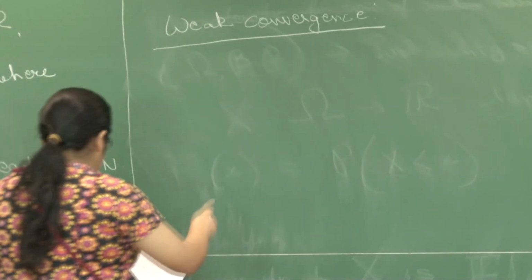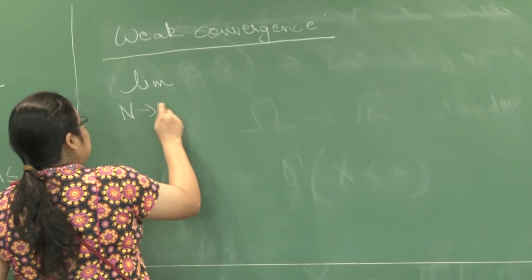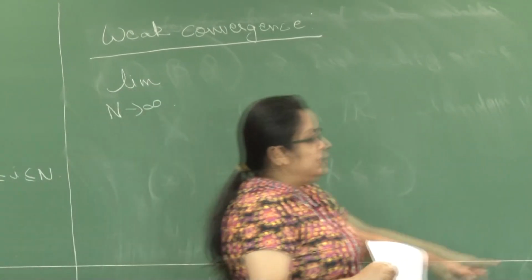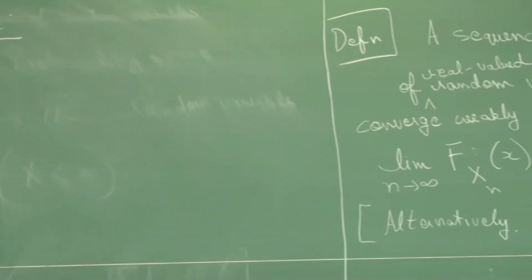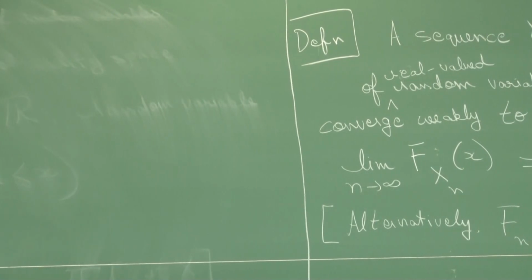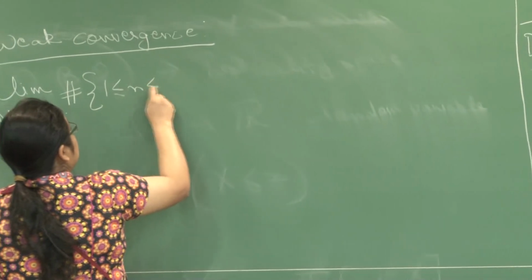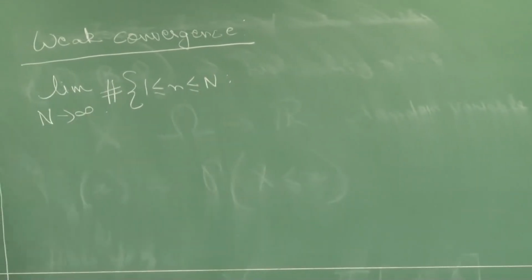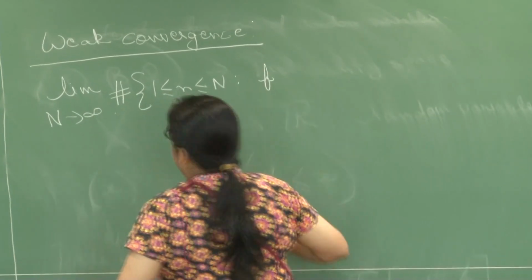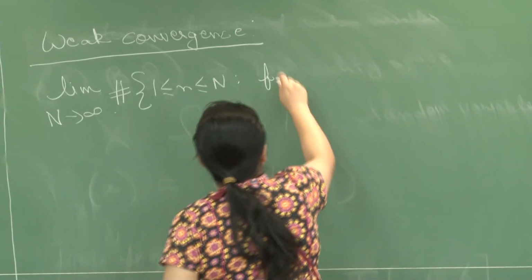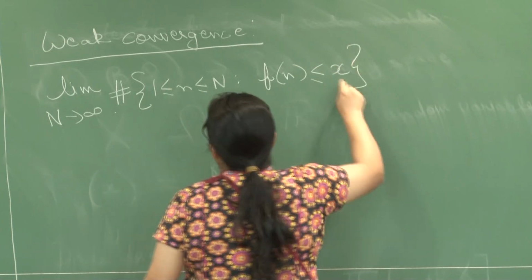So, we have the limit as n goes to infinity of this distribution function here, which is the number of natural numbers up to capital N for which f of n is less than or equal to x.